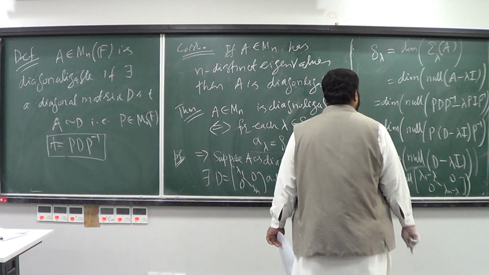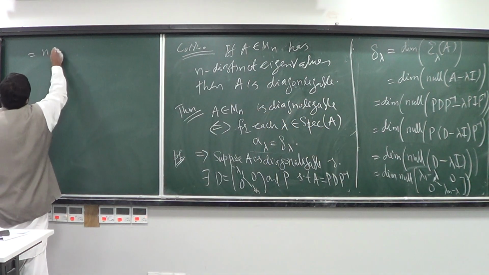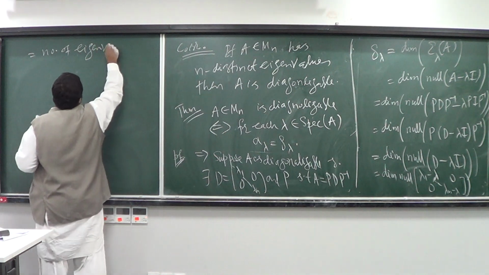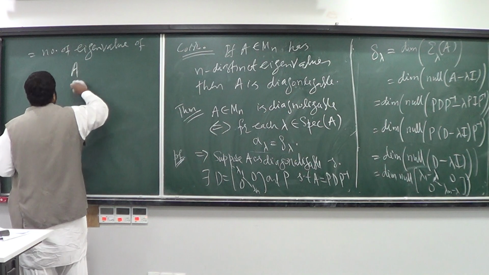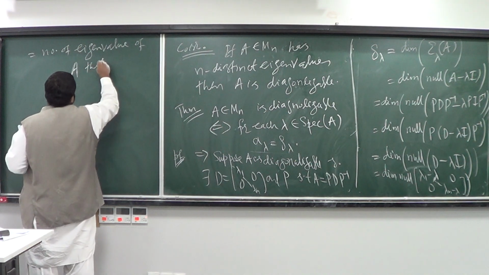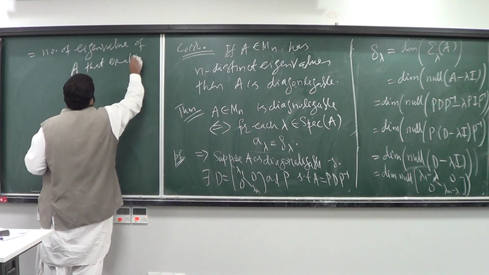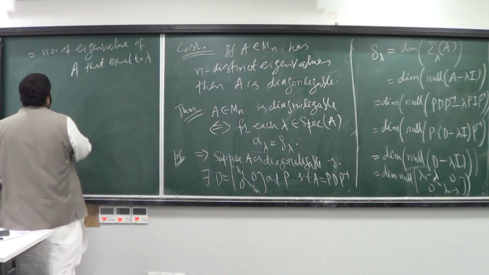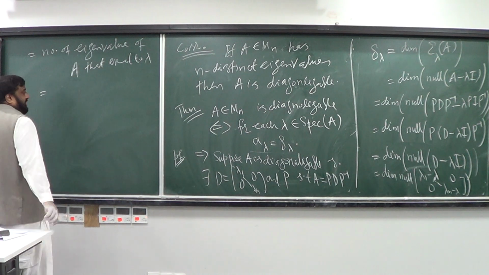By definition, the nullity of such a matrix is equal to the number of eigenvalues of A that are equal to lambda. And this is precisely the algebraic multiplicity of lambda.